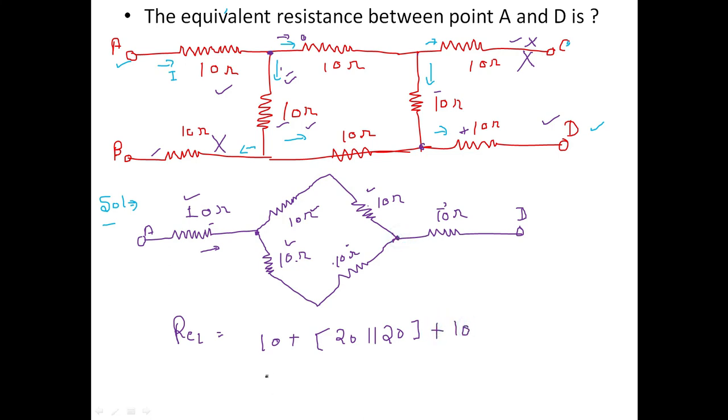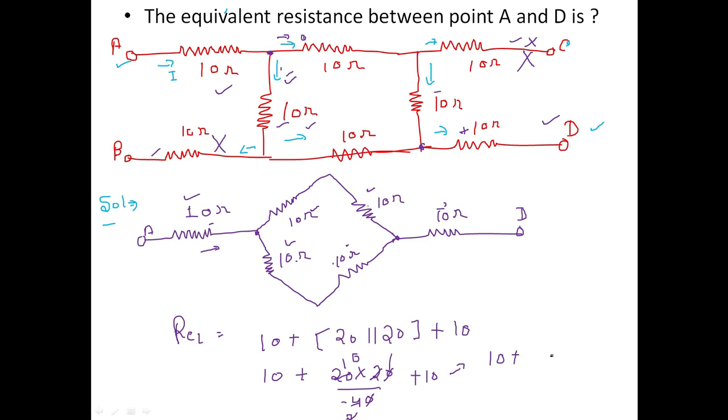Now if you calculate it, 10 plus 20 parallel with 20. We multiply 20 by 20, divided by 20 plus 20, that is 40, giving 10, plus 10.